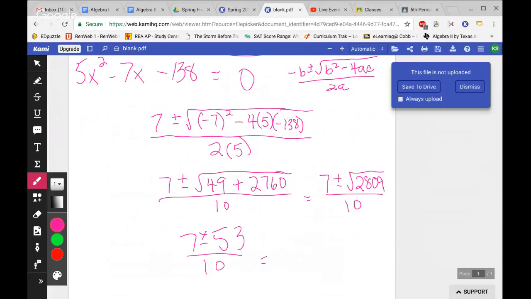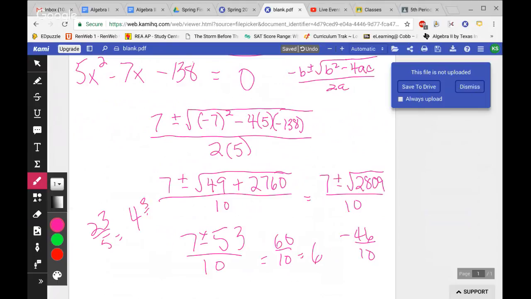So now our two possible answers are 7 plus 53, which is 60 over 10, which equals 6, or 7 minus 53, which is negative 46 over 10, which then reduces to 23 over 5, which is the same as, I think in the answer it says 4 3/5.